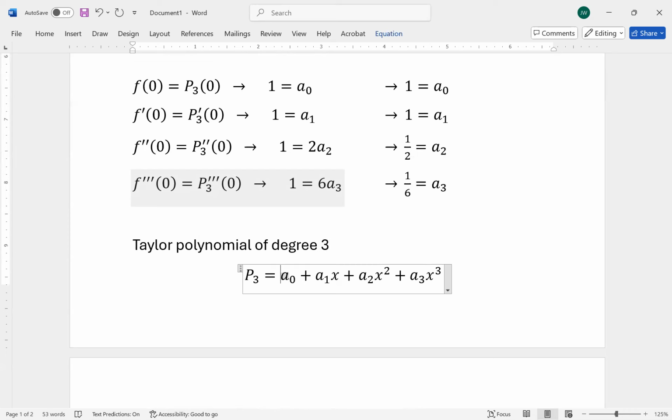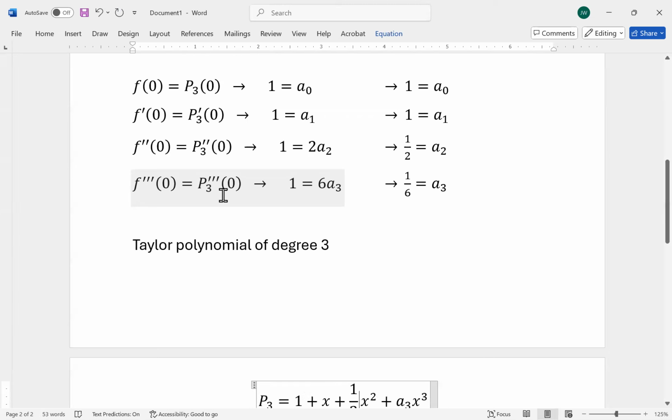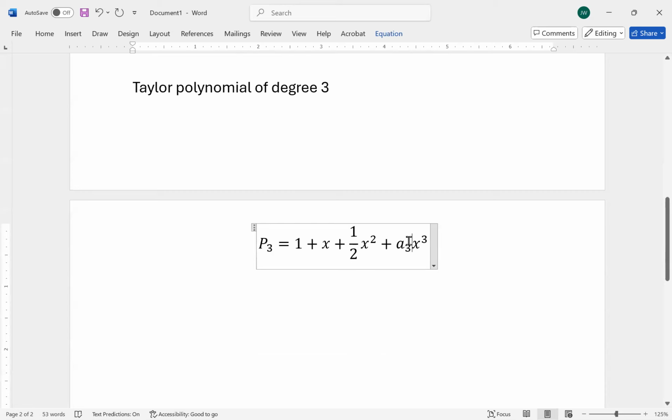So a sub 0, like we said, is the number 1. A sub 1 is also the number 1. A sub 2 is the number 1/2, and a sub 3 is the number 1/6.